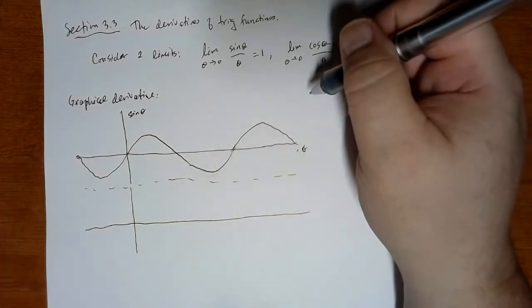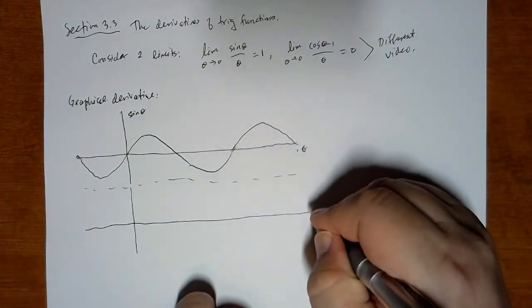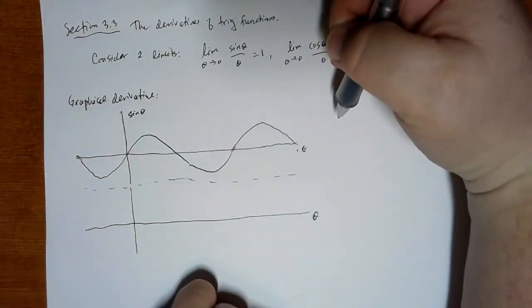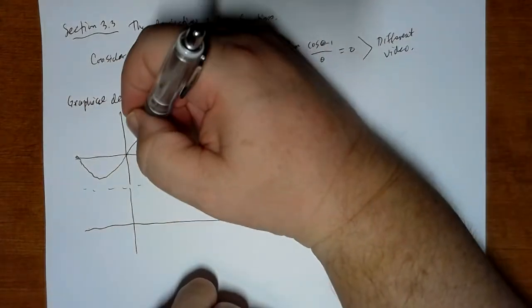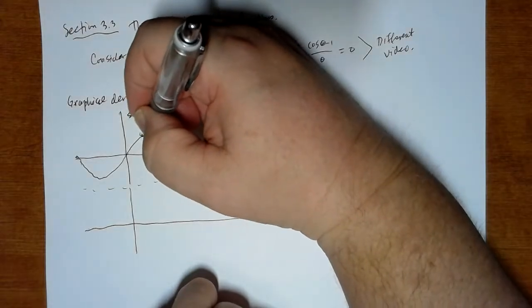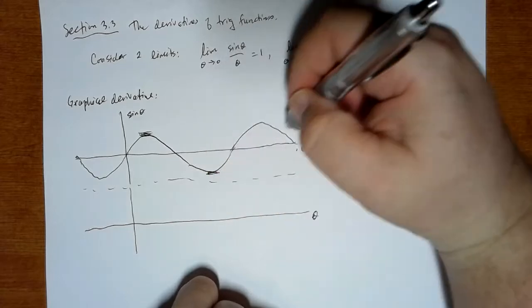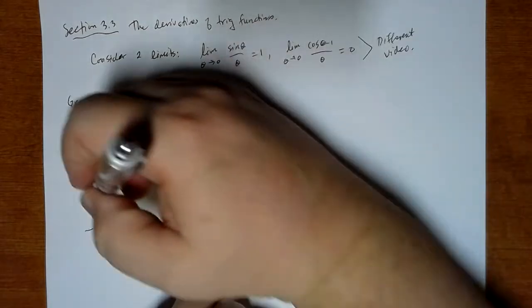Okay, so what I want to do here is graph the derivative of the sine. And so when I'm graphing the derivative, I always go after the zeros first. And so remember that this is where the derivative is 0, where it's got a horizontal tangent line.